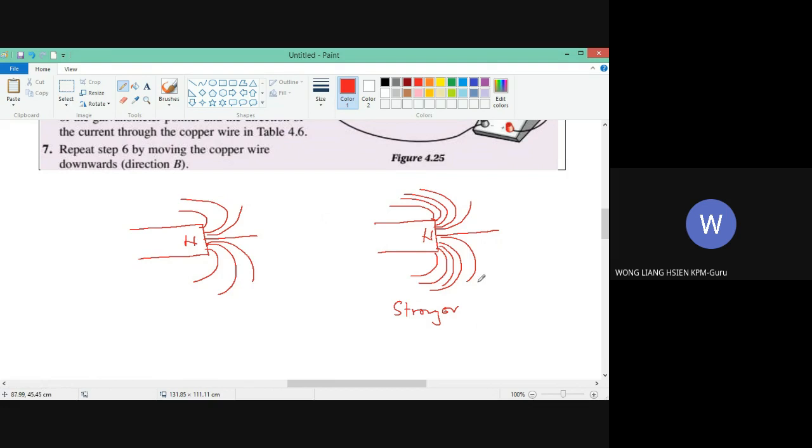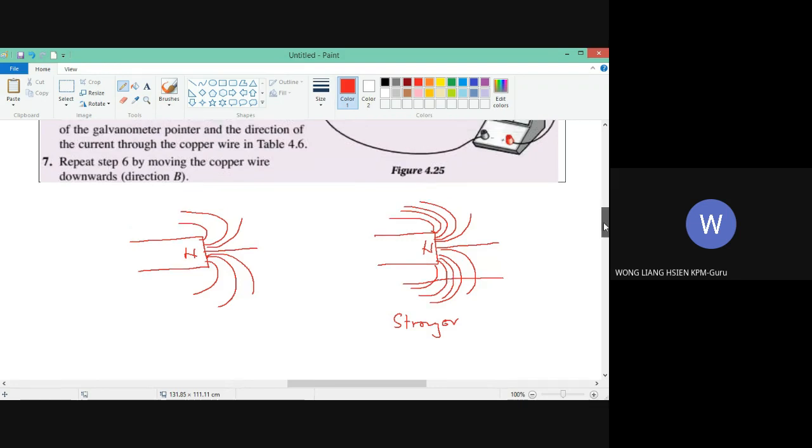So if you have more magnetic flux, when you move the conductor one time, you can cut through many magnetic flux lines at the same time, right or not? This one, you move one time, the number of magnetic flux lines that you cut through is less. So if you can cut through many magnetic flux lines at the same time, this also means the rate of relative motion is higher.